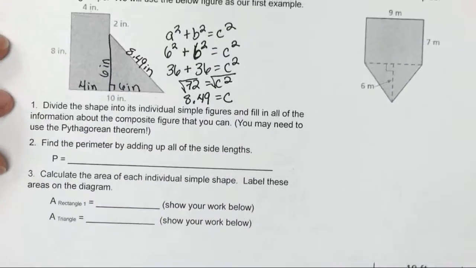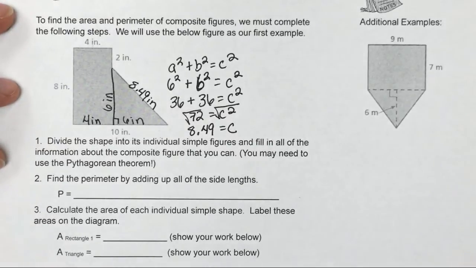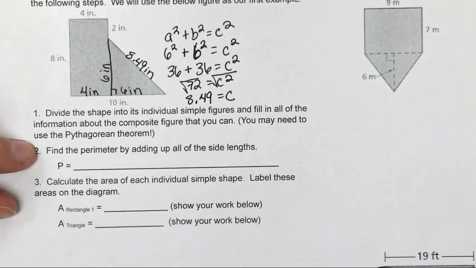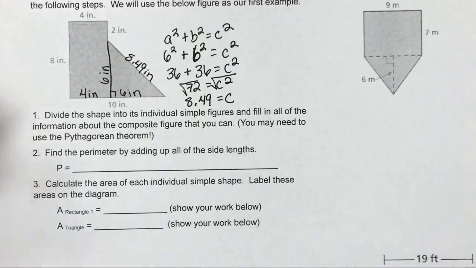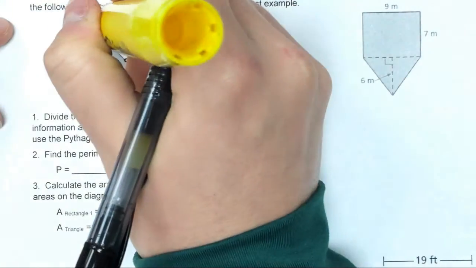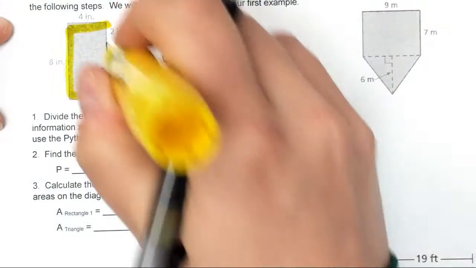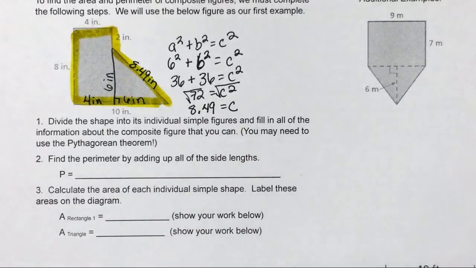Okay. So now I have everything labeled. I can find the perimeter by adding up all of the side lengths. So you pick a side, it doesn't matter where you start, but you want to make sure you only add each side once. So I have 4 plus 8 plus 10 plus 8.49 plus 2. And remember, perimeter is the distance around the outside edge.